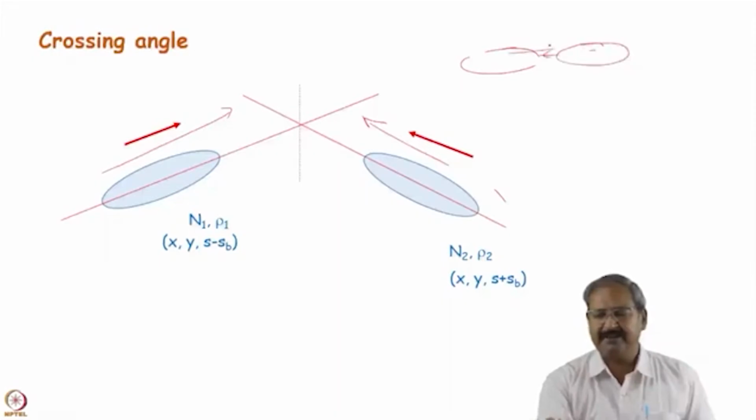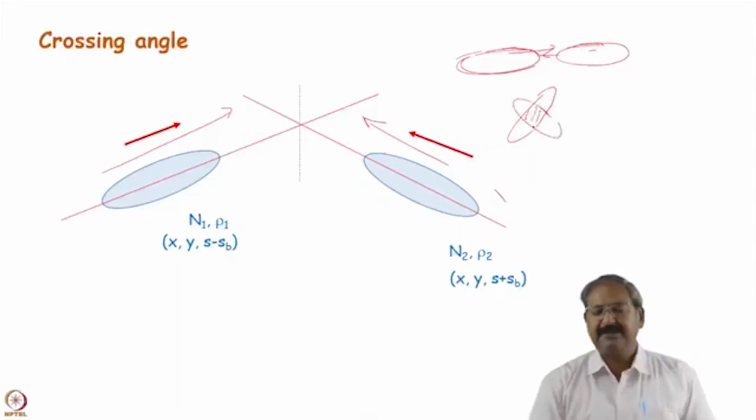This will come here, this will come here, and at a certain event they may completely overlap. But in the case of angled beams, complete overlap will not be there. So the overlap integral will be reduced. Or we can say in another language that the effective beam size has been reduced.